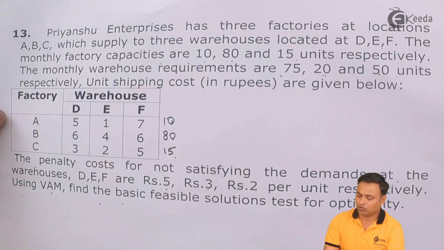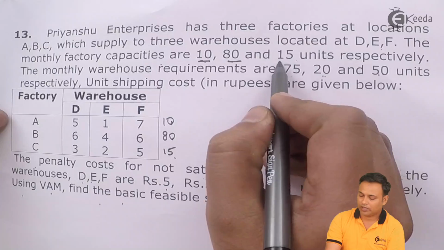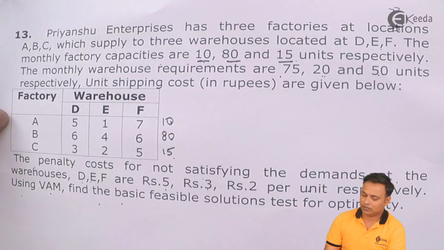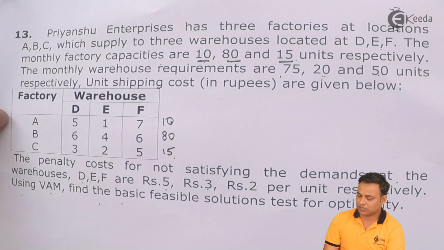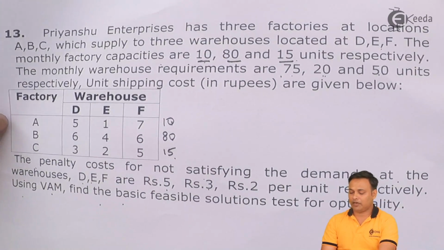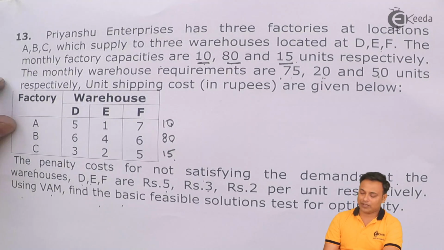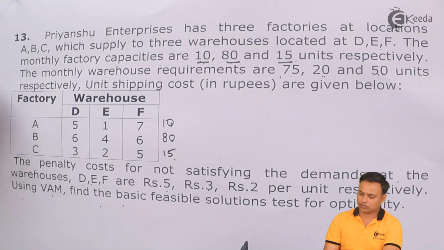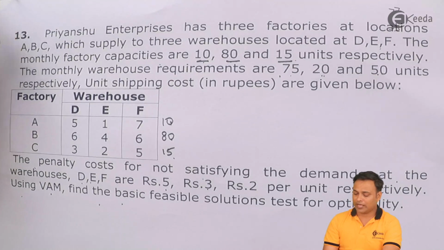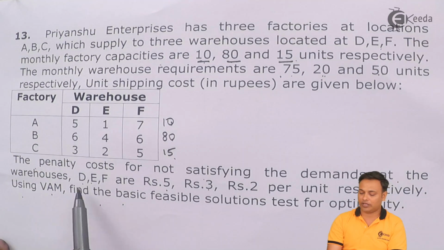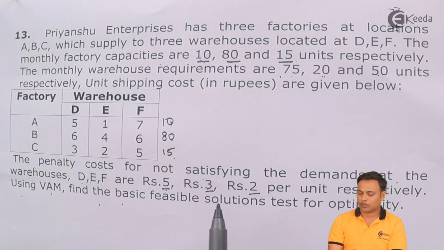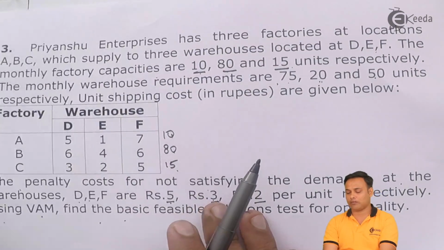So I need to add a dummy factory, let's say D1 or D0, which will add the additional capacity. Now the next big part in this problem is the penalty cost. Where should I use the penalty given for each of the warehouses 5, 3 and 2? Let's first try to balance the problem.